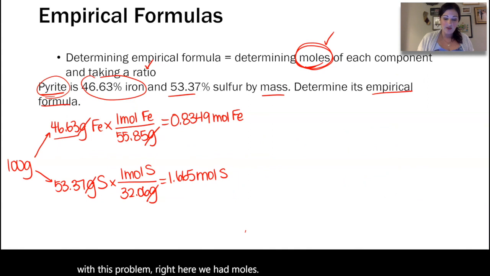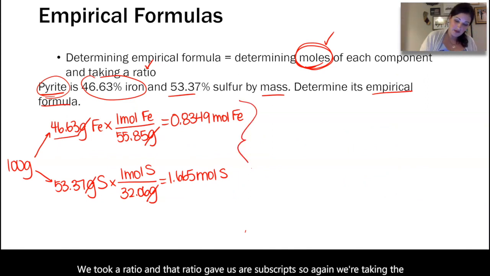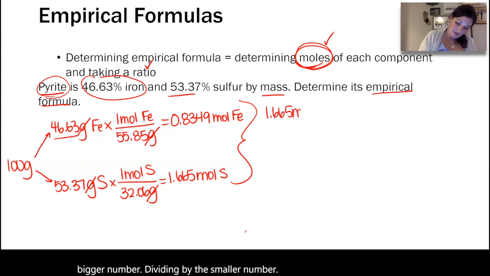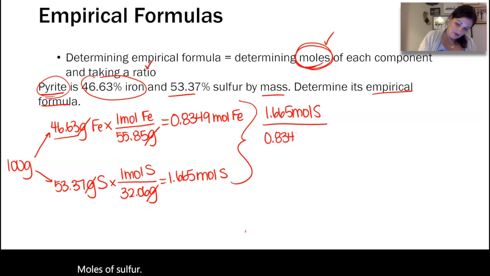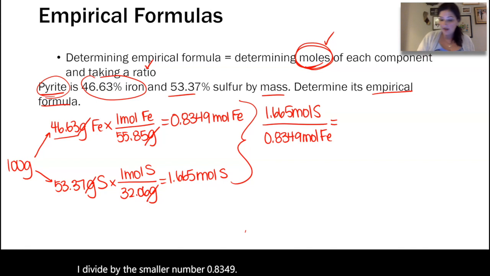So again, we're taking the bigger number, dividing by the smaller number. So now I take 1.665 moles of sulfur. I divide by the smaller number, 0.8349 moles of iron. I divide those two numbers. My calculator tells me 1.994.